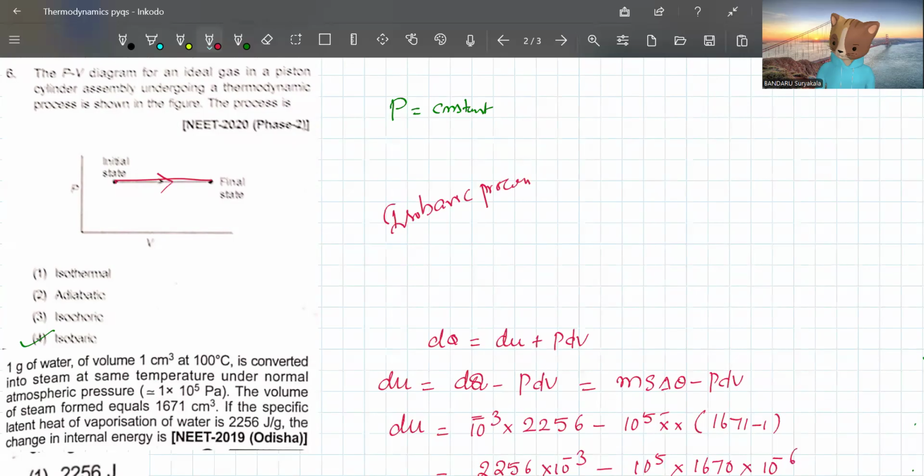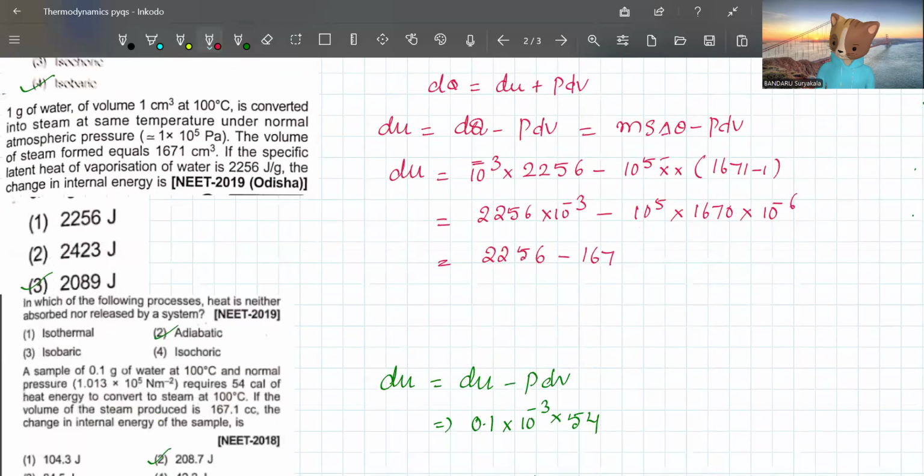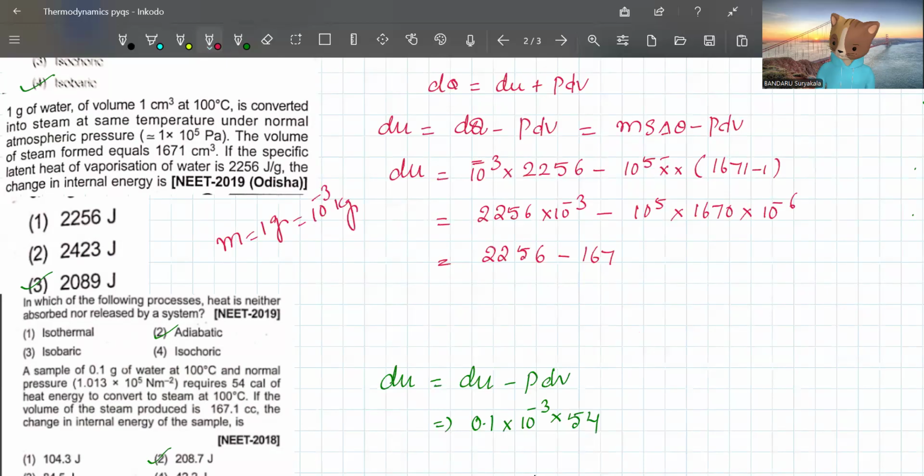Okay, and this is the problem you see, the 2019 problem. The same problem they asked two years continuously. Mass they gave as 1 gram, so convert into kilograms, which means 10 power minus 3 kilogram. The atmospheric pressure they gave as 10 power 5 Pascal. The initial volume, this is V1, they gave as 1 centimeter cube, which means 10 power minus 6 into 1.